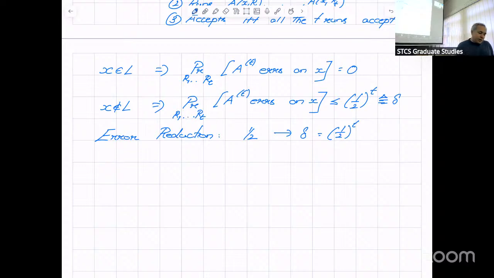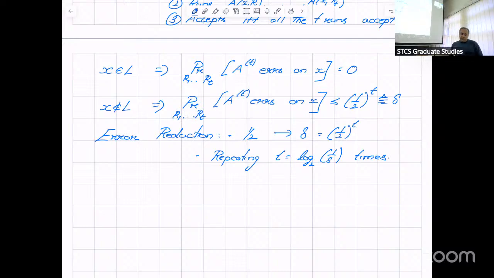By how much? And the process was repeating t times, which is exactly log to the base 2 of 1 over delta times.